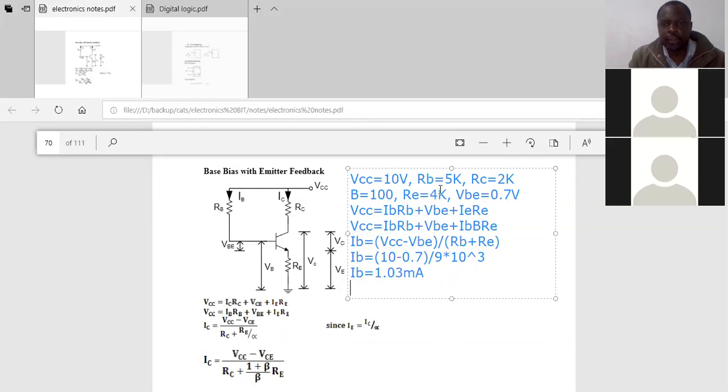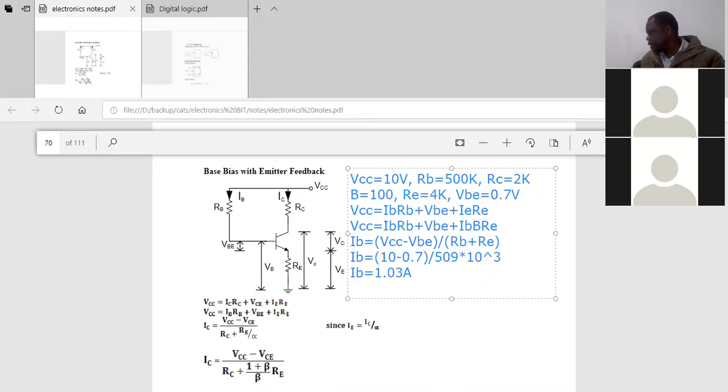So I would want to change this value of RB to 500K. And then this becomes 1.03 times 10 to the power... No, anyway, it will be a different value because this will be 509. So 509.